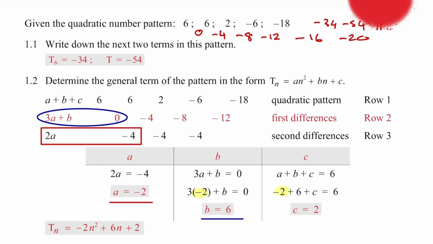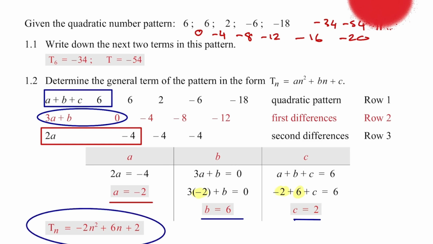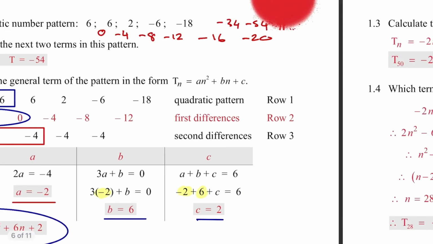Now we are going to take the a value of minus 2 and the b value of 6 and make use of the fact that a plus b plus c has a value of 6 to work out that c is equal to 2. So we've been able to work out our formula by substituting a, b, and c. The nth term is given by minus 2n squared plus 6n plus 2.